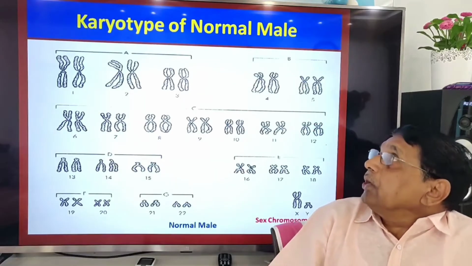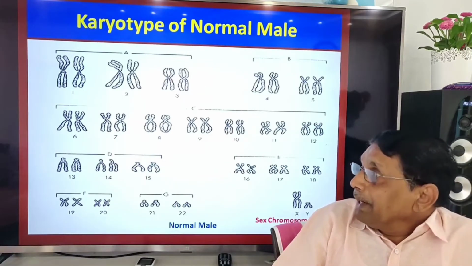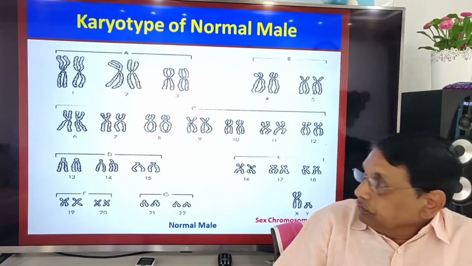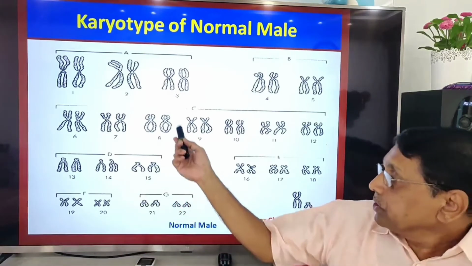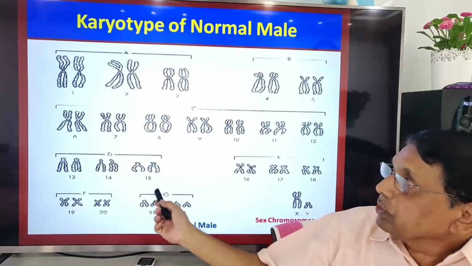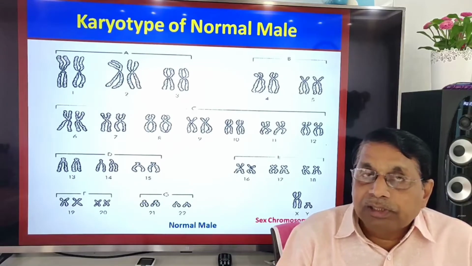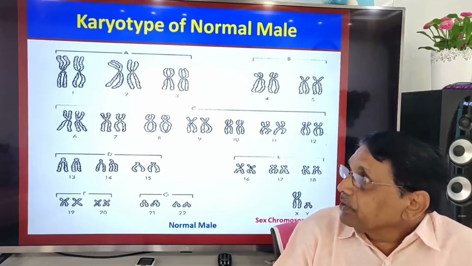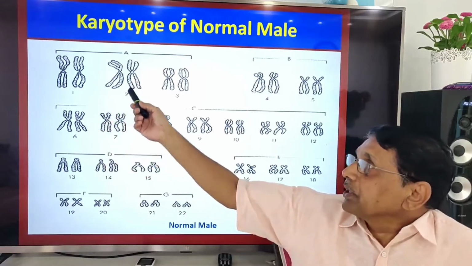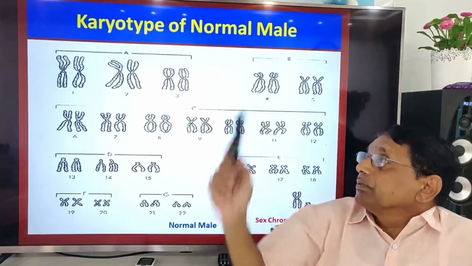So this is a karyotype of a normal male. Here you can see 22 chromosomes. Look, all of them are not similar. There is a lot of difference. The first chromosome, second, third, like this.